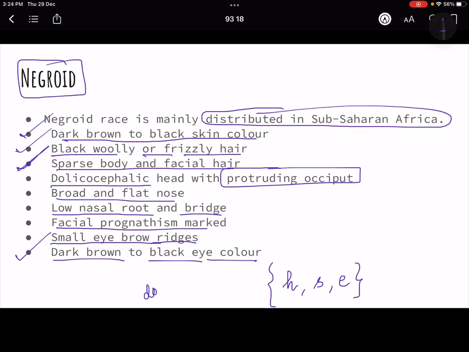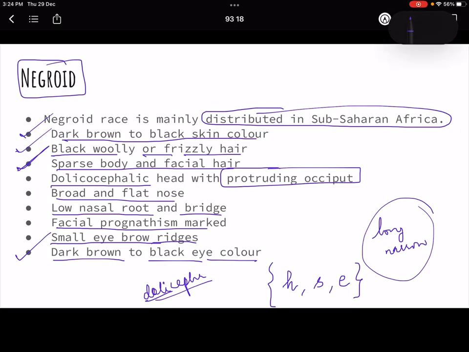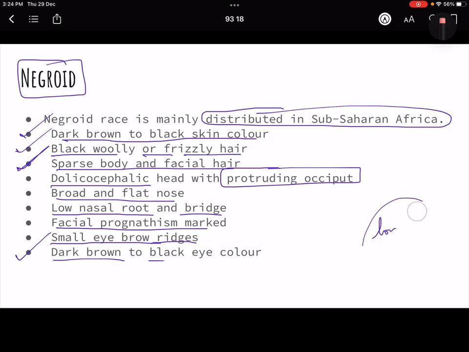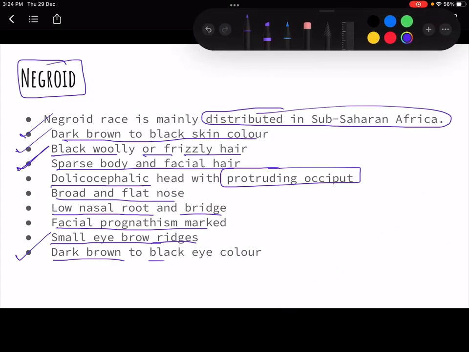The head we are saying is dolichocephalic, that means long and narrow, with a broad flat and depressed nose, and facial prognathism. What is facial prognathism? I told you that day also. The chin area is coming out, and they also have a receding forehead and a small brow ridge.